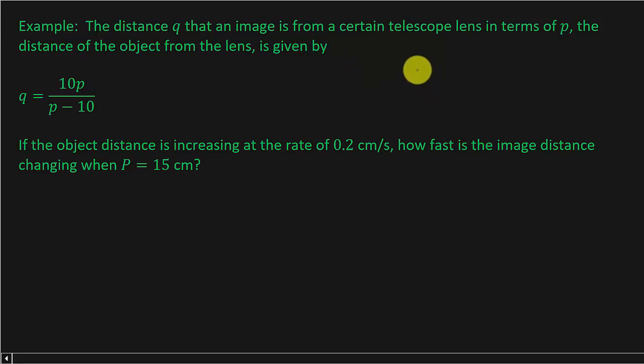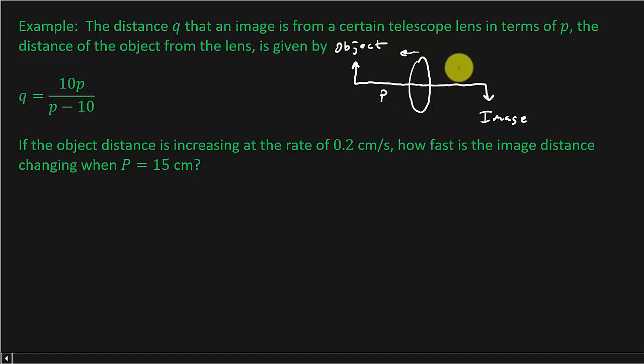If we have a lens right there, and we've got, let's say, here and here. So this is your object, going this way. This is your image. This is P, this is Q.